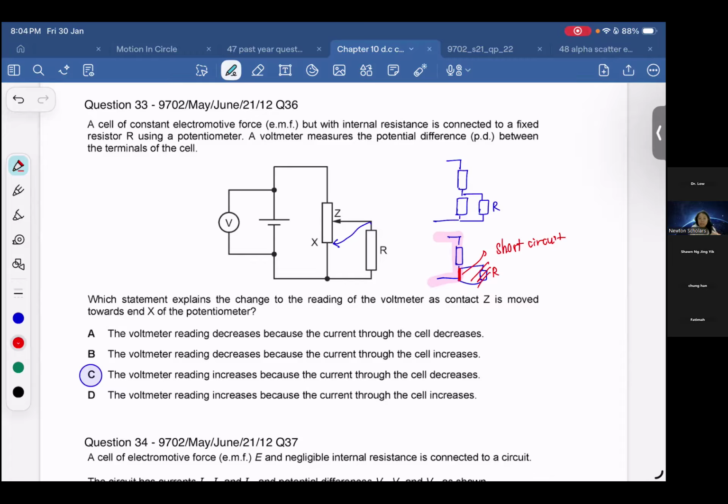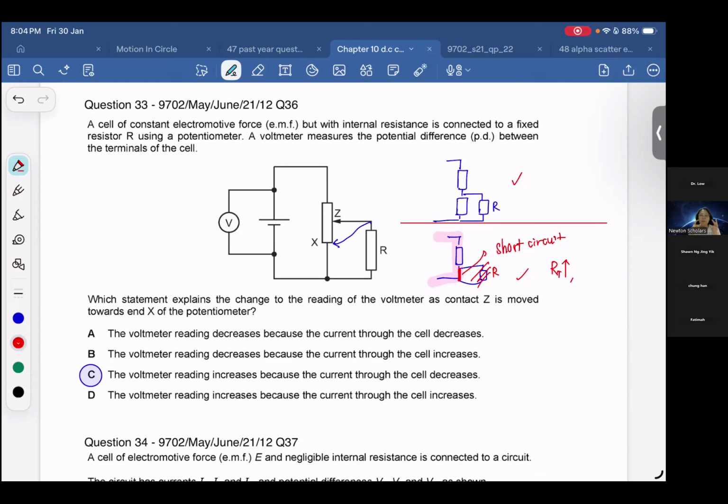So if you compare these two, the initial one and this one after we move towards X, you will find that your total resistance becomes higher, because we don't have any parallel branch to share the current and decrease the resistance.